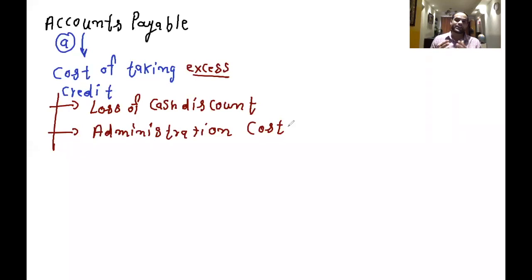So you have to manage each and every supplier. You have to keep updating all the information. You have to track all the due dates. All right. So in simple language, you have to spend to manage your accounts payable. So your administration cost of managing your accounts payable will be increased. All right.